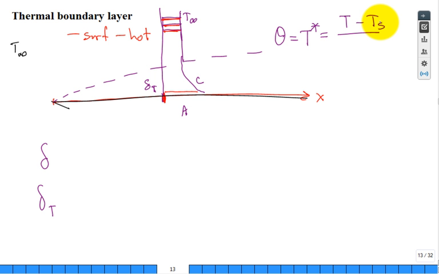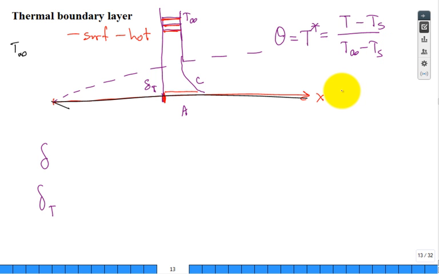If T at the surface, if theta at the surface would be, hey, I would have Ts minus Ts, that would be 0. No matter what I divide by, theta would be 0 at the surface. And then we would want theta to be 1 far away, so you would divide by T infinity minus Ts.